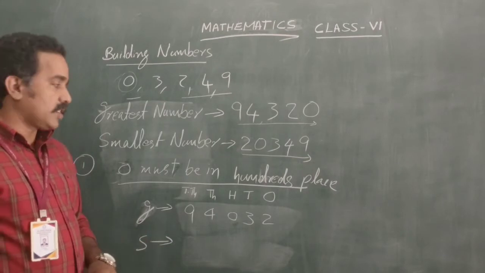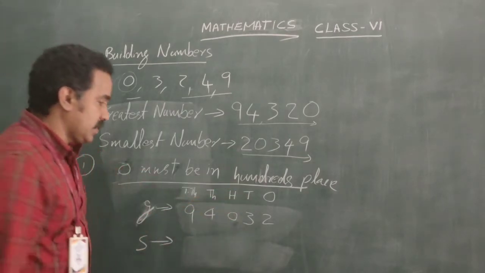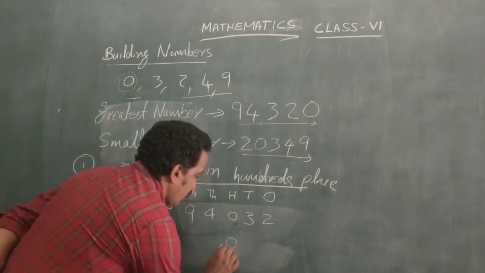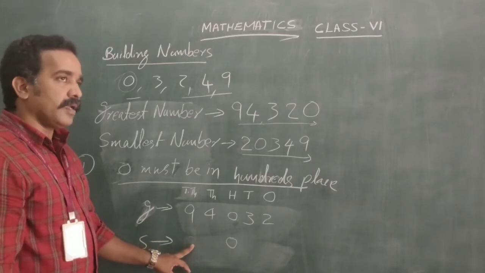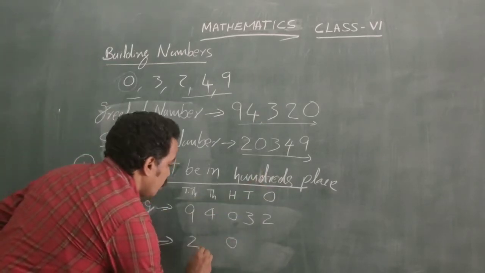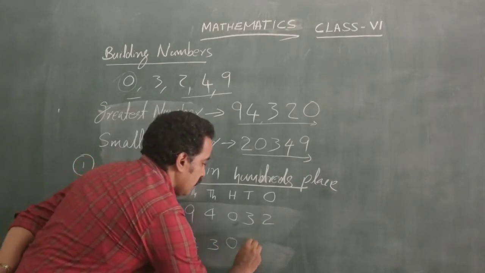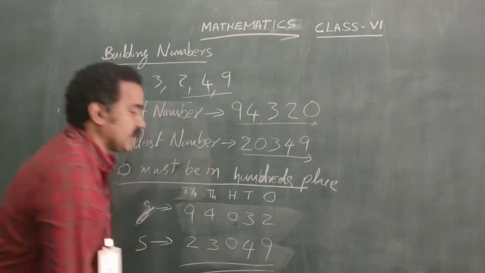And for the smallest number, in that case also 0 must be in the hundreds place. So 0 first itself you can write in the hundreds place, and the remaining digits in ascending order, that is 2, then 3, then 4, then 9. This will be the smallest number.